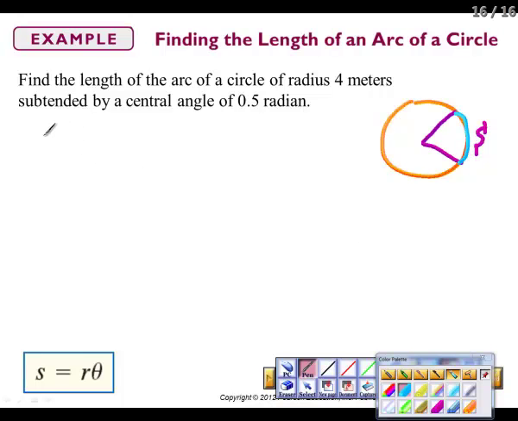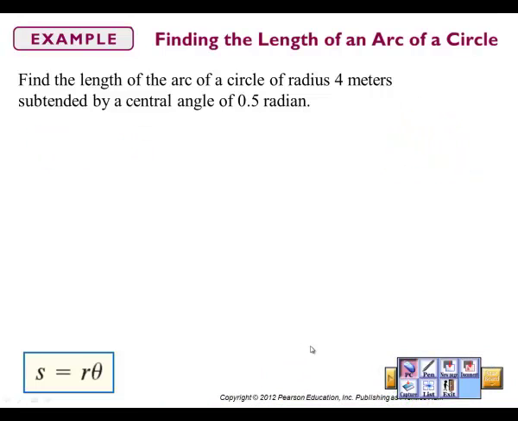We're going to use S equals R theta. So the radius is 4 meters, and the angle is 0.5 radians. So we're just going to multiply 4 times 0.5, and we end up with 2 meters. Because our radius is in meters, our arc length is also going to be in meters.